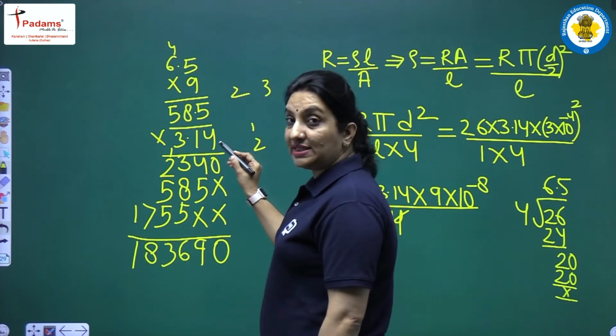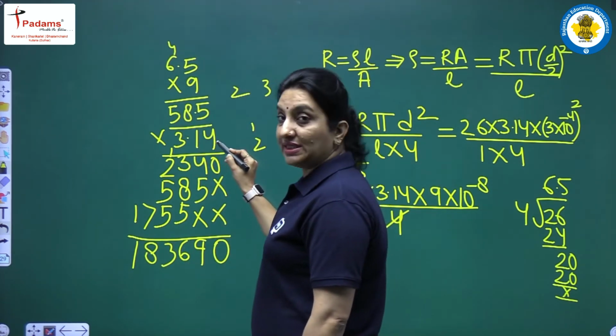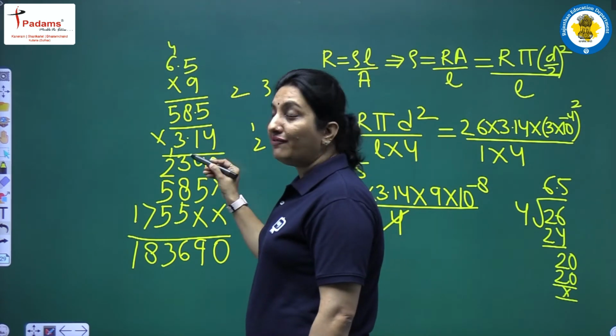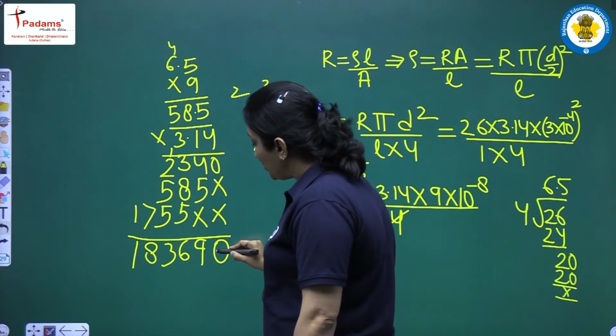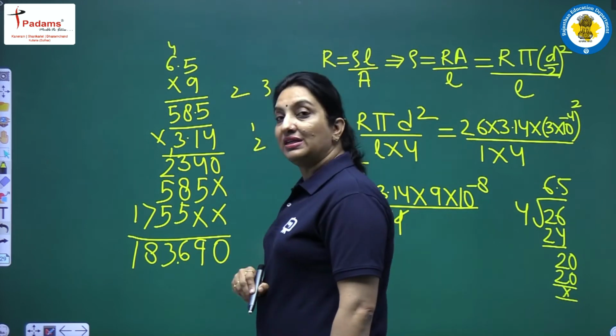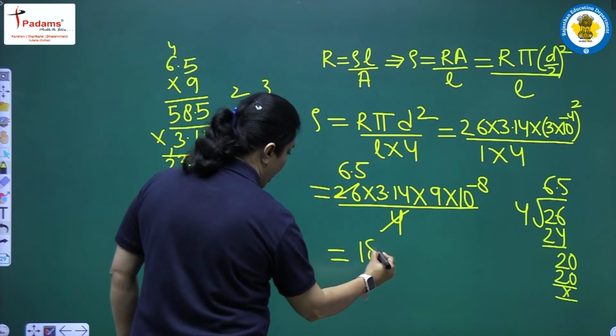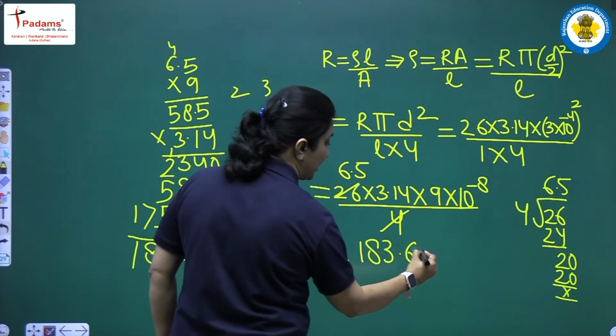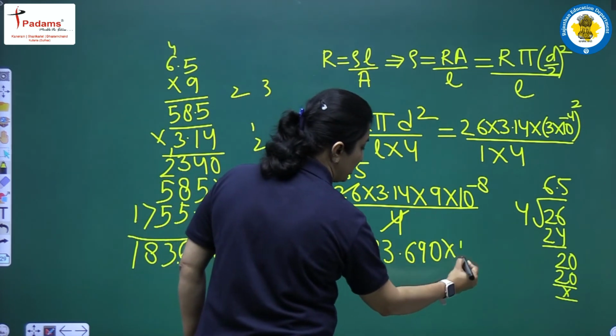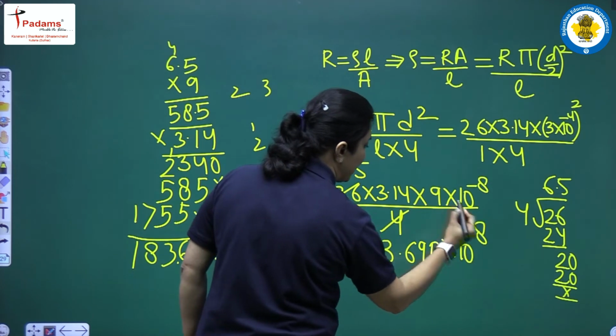Now students, since after the decimal I have 3 digits, 2 here and 1 here, I'll put a decimal after 3 digits. So what I get is 183.690 into 10 to the power minus 8.